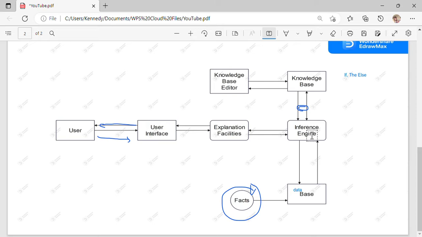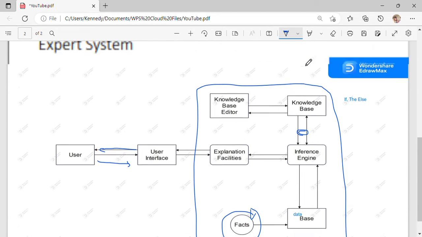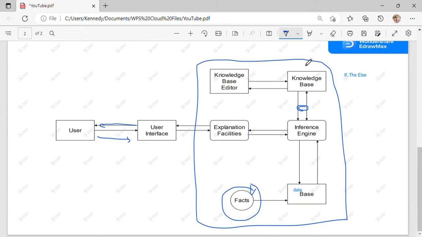Then the inference engine will send it back to the explanation modules. What happens here is that this whole component, up to here, we can call an expert system shell, because that's where the common knowledge base applications and questions are being performed, right? So the inference engine will send back the reasons or the results to the explanation modules.